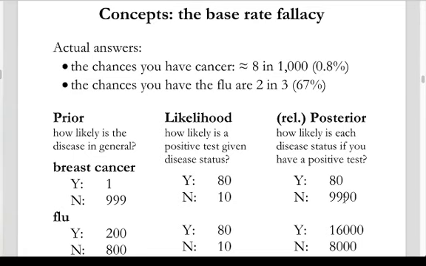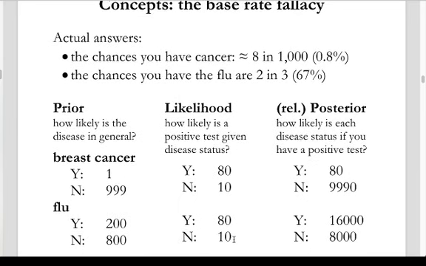Because people with positive status are extremely uncommon to begin with, and if the rate of false positives is higher than the rate of the disease in general, almost all the positives you see are going to be false ones. For the flu, where we've decreed that the rate of false positives is lower than the prevalence of the flu in the population, that reasoning doesn't hold, right? Most of the positives you see there are going to be actual incidences of the disease.